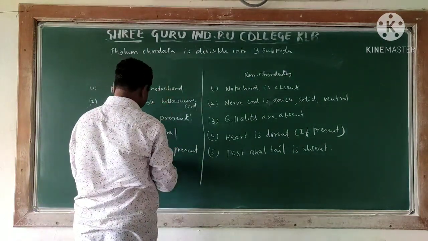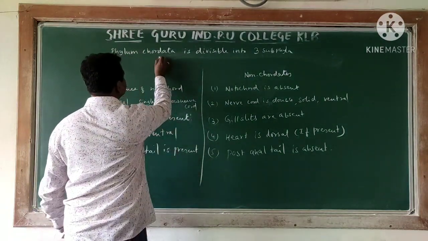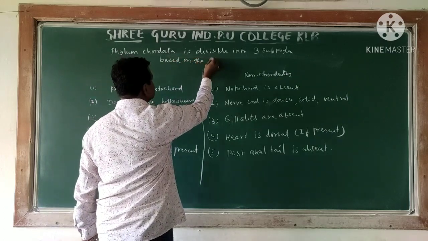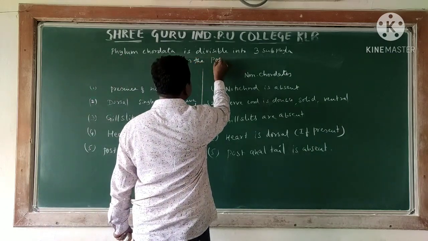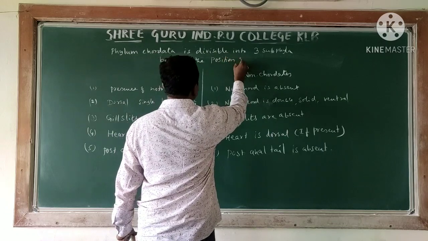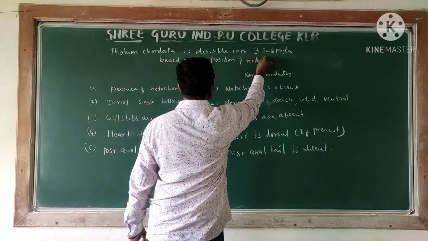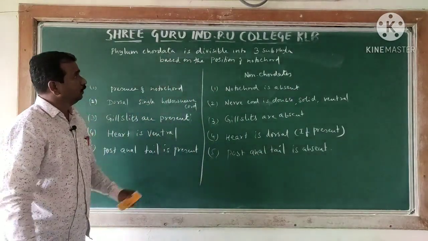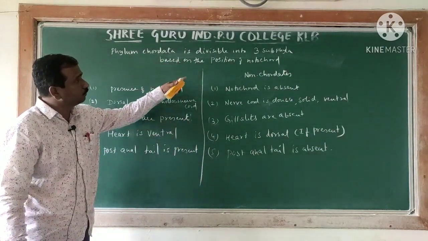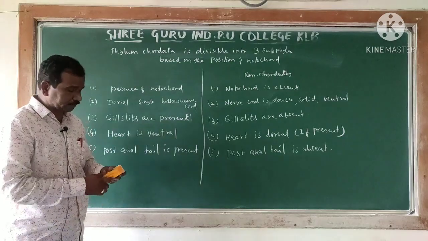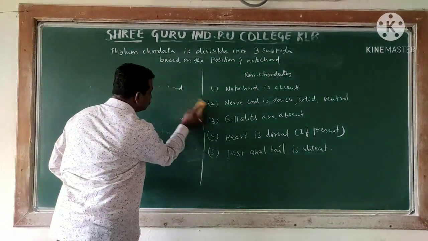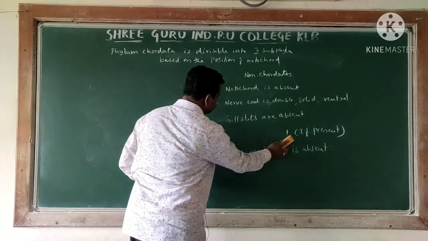Now you can see that it is based on the position of the notochord. So phylum chordata is divisible into 3 subphyla based on the position of the notochord, the rod-like structure.